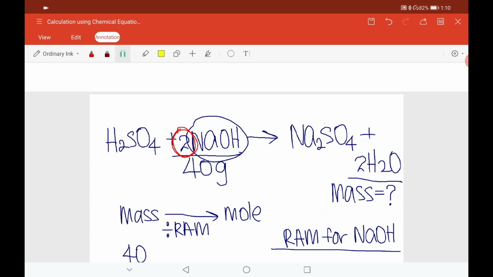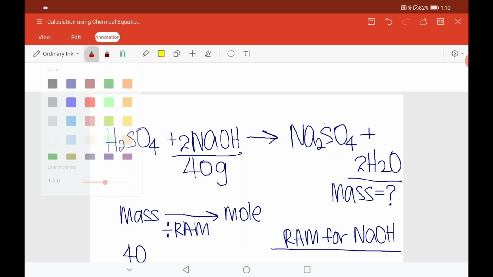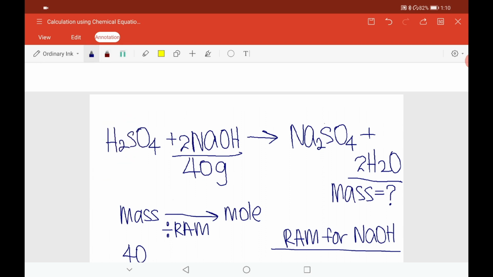All the numbers in front of the equation, we use to balance the equation and to do ratio only. I repeat, all the numbers in front of your chemical equation, you use to balance the chemical equation and to do ratio only. You don't use the number in front to calculate RAM. So when we do RAM calculation, just ignore the number in front.